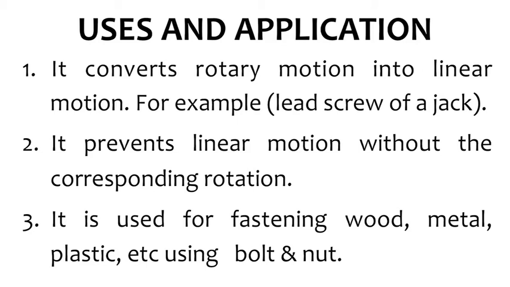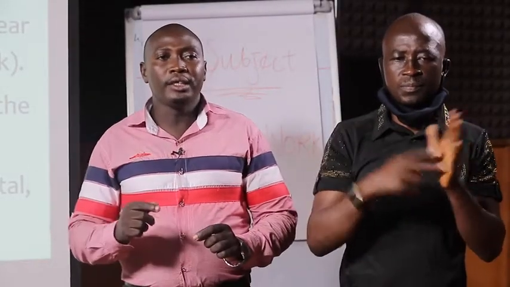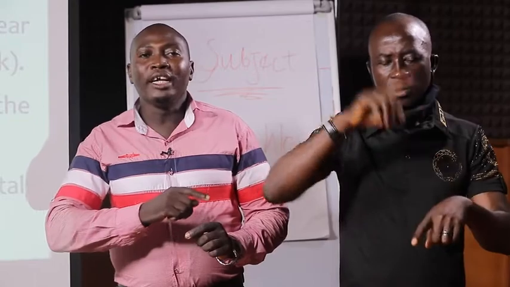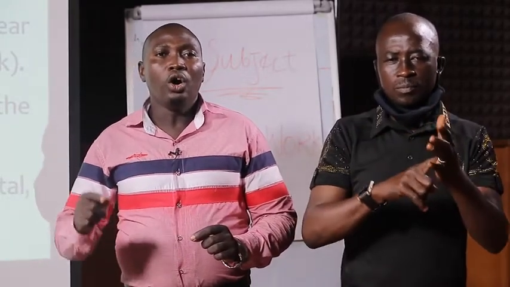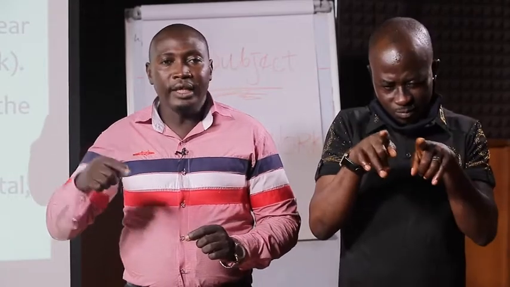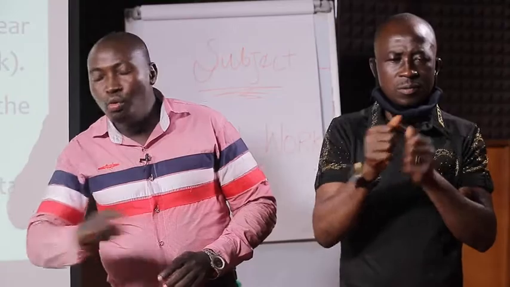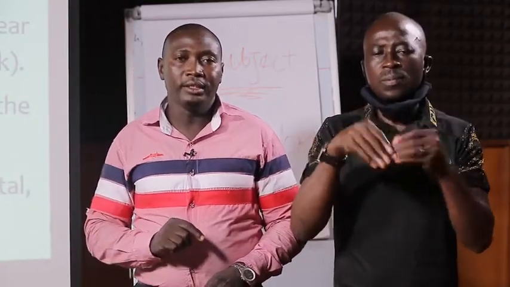The second application is that it prevents linear motion without the corresponding rotation. Here we mean a thread cannot transmit motion unless it has a corresponding thread that matches to be able to give that movement.